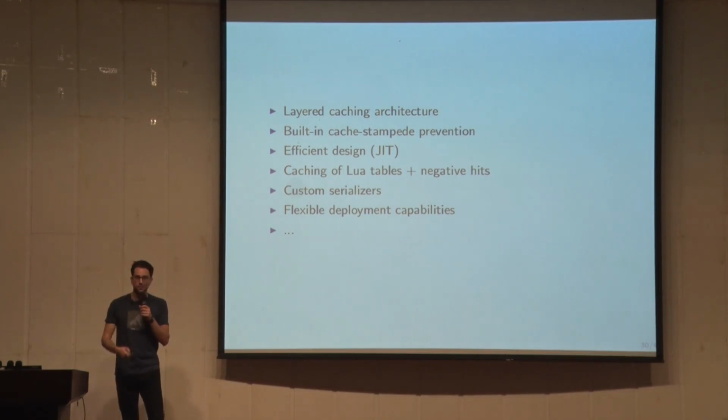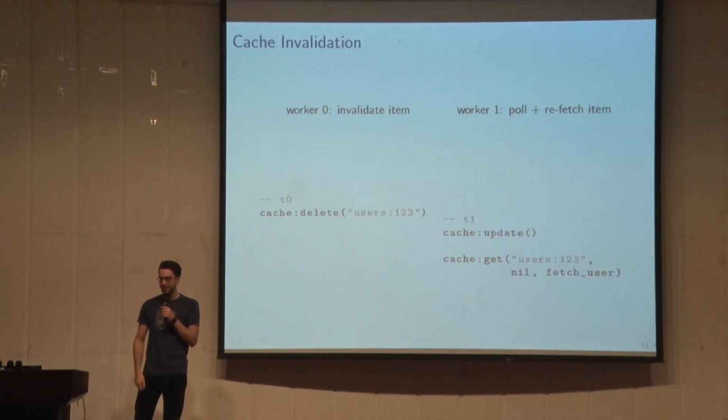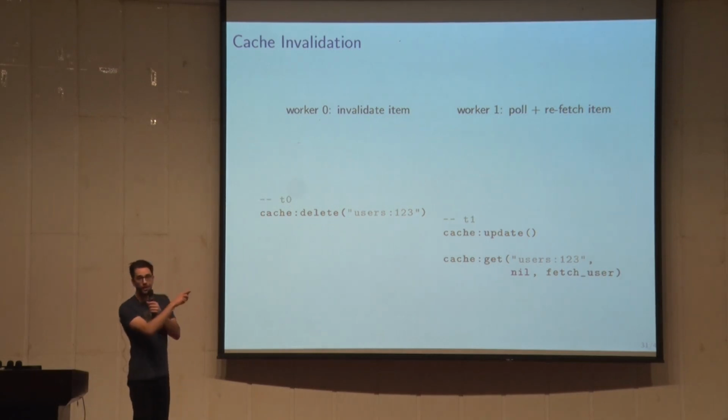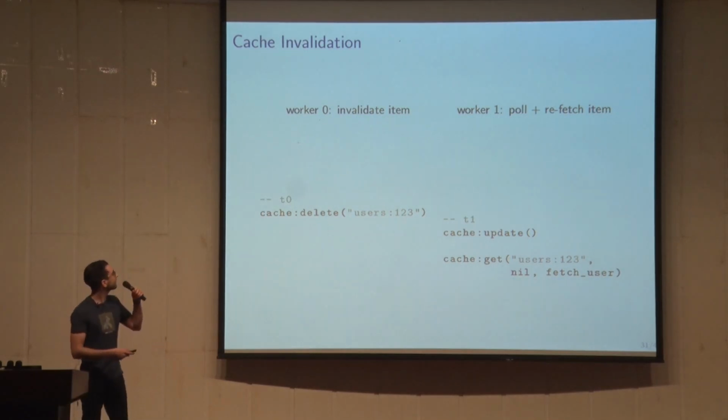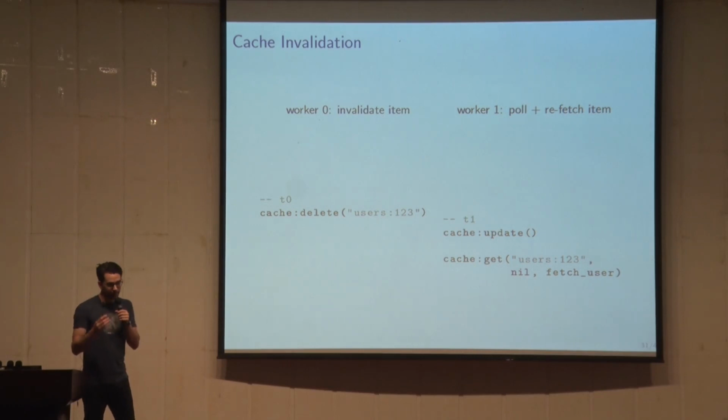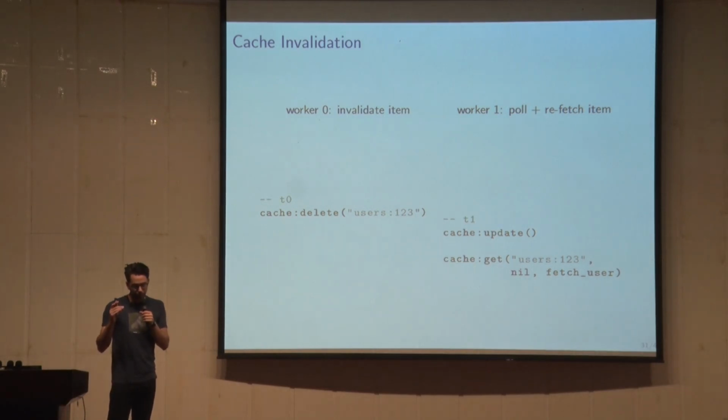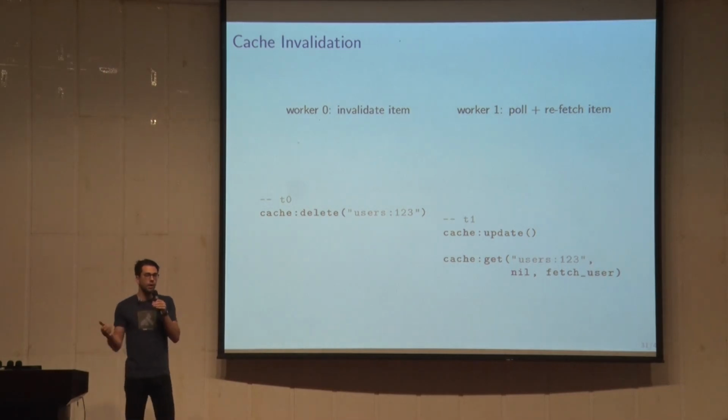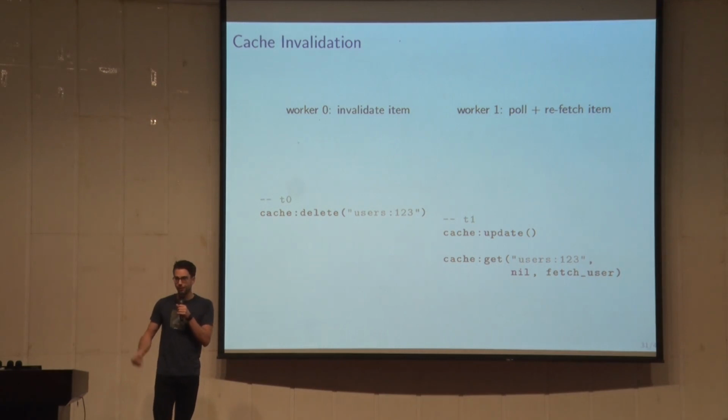Let's dig into some more features. So the next feature is cache validation. The really hard thing about caching and validating in Nginx Lua is going to be the split workers, as we talked about in the intro.